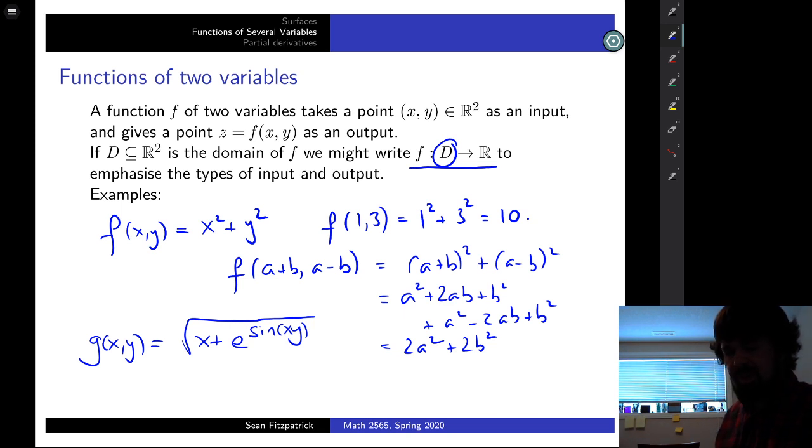I can't picture 4 dimensions. If I could do a function of 20 variables, but then the graph lives in some 21-dimensional space. I have no idea what that looks like, right? The math works out. The math works just fine. You can still do all the algebra. You can still do all the calculus. Doesn't matter how many variables you use. But actually kind of picturing things, that's where it gets tricky. So we live with it.